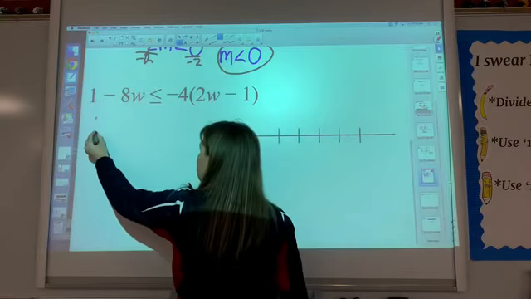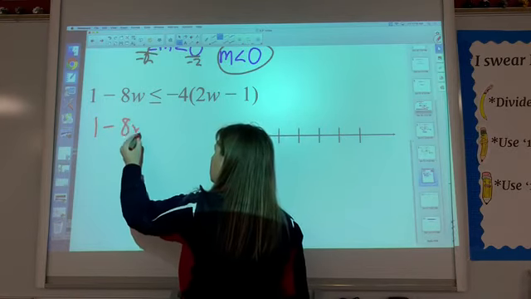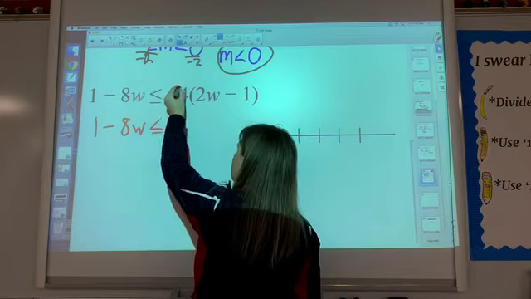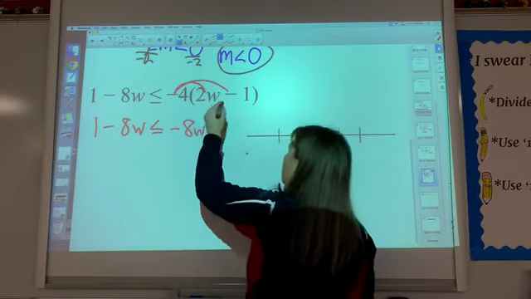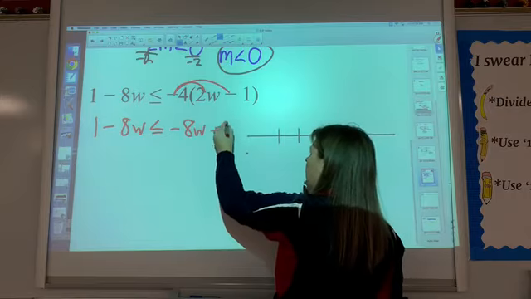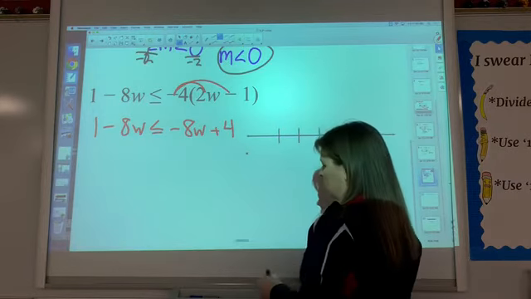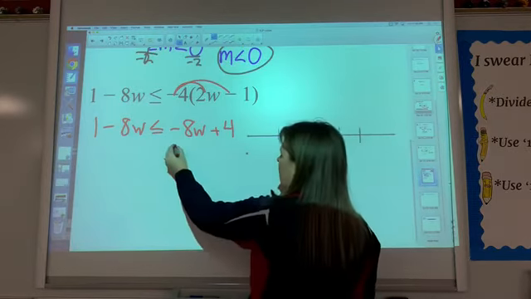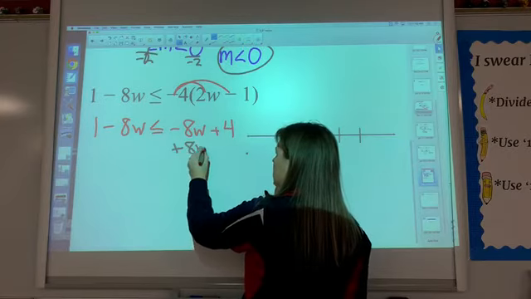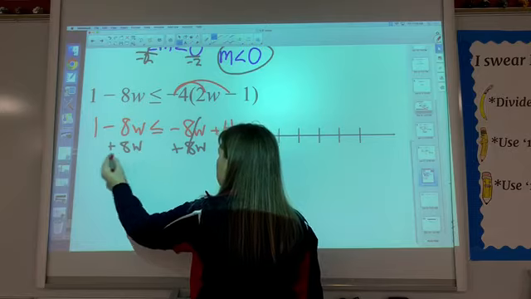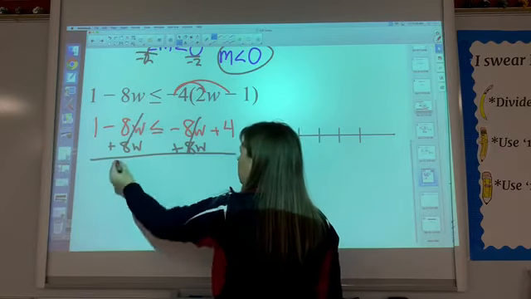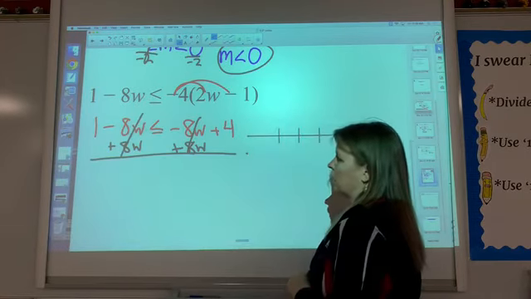We'll go ahead and rewrite 1 minus 8w is less than or equal to, distributive property, negative 8w. Negative 4 times negative 1 is positive 4. Looks like we're going to add 8w to the left and add 8w to the left. Right there. Again, your variables are gone.